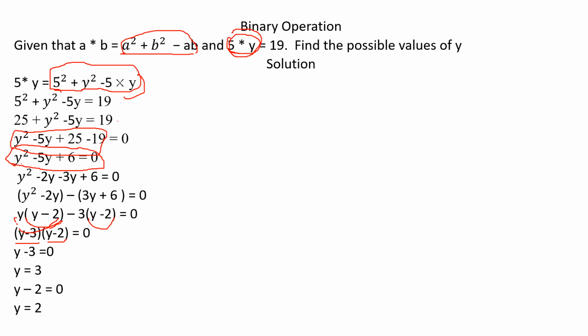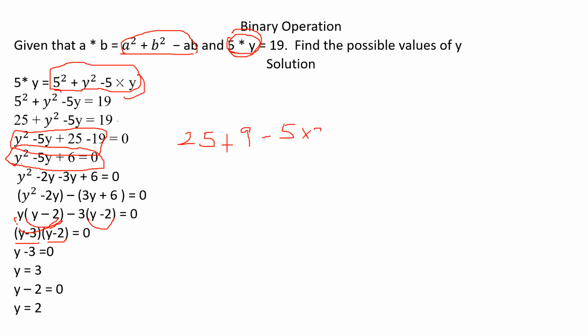So this will be 25 plus, y is 3, so 3 squared is going to give us 9, minus 5 multiplied by 3.